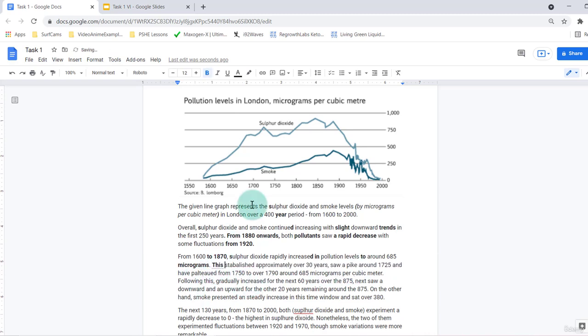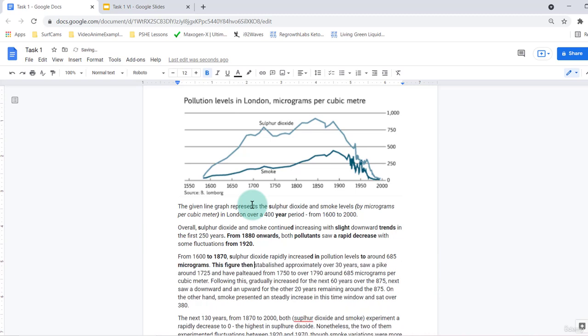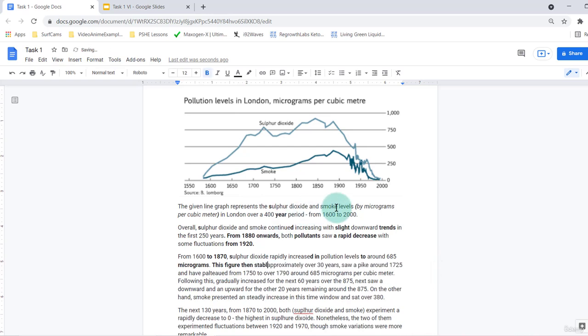This figure, so there the sentence really is not started correctly. This figure then stabilized, so we've got a spelling mistake here, stabilized. Now I'm British, so stabilised, here we go. This is the British spelling of the word, and yeah, I'm British, so that's how I like to spell things.